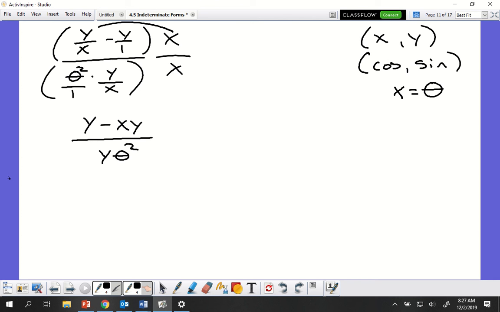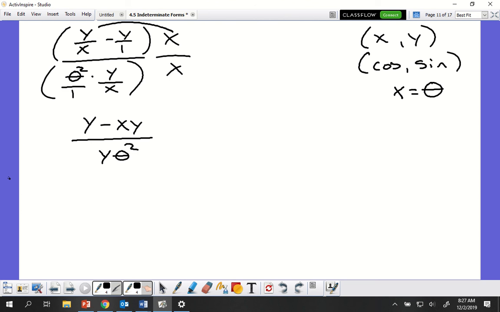Now, does anyone see how this became super easy now? I could take a y out of everything, right? So I'm technically factoring out a sine out of everything, right?